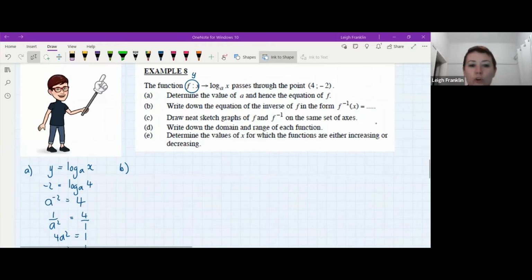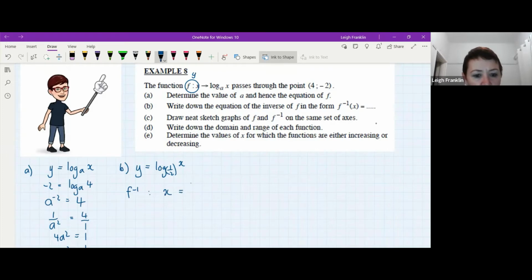Quite right. So that means if we now need to write down the equation of the inverse, we've got to do an inverse of what we had. So we've got y equals log base half of x. Our inverse is going to occur when we switch our x and our y.